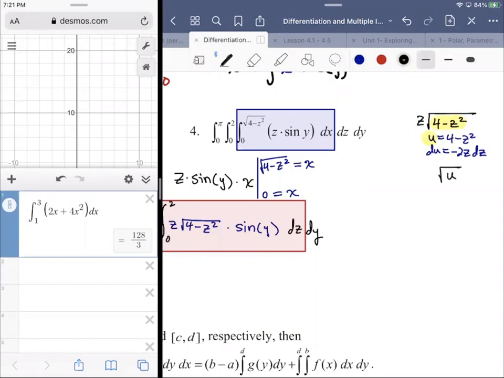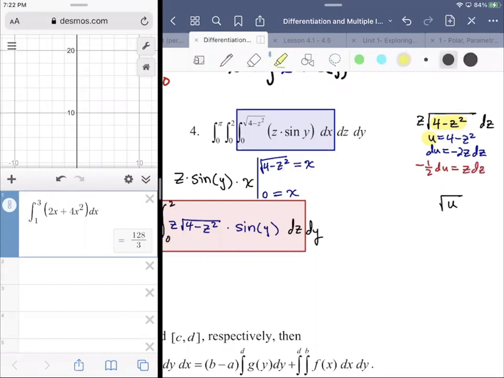Right, we're integrating with respect to z. I suppose I should throw that in there at some point. I need to get rid of a z dz. So I have a negative 2z dz. That's close. If I divide both sides by negative 2, so negative 1/2 du would be equal to z dz.